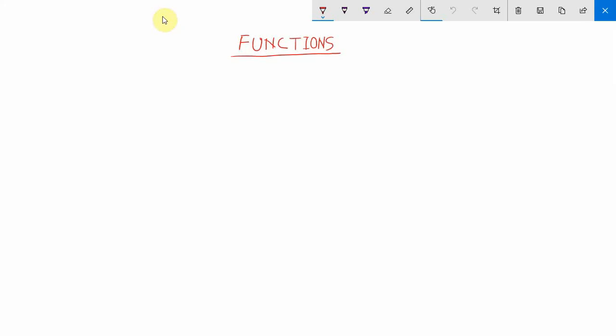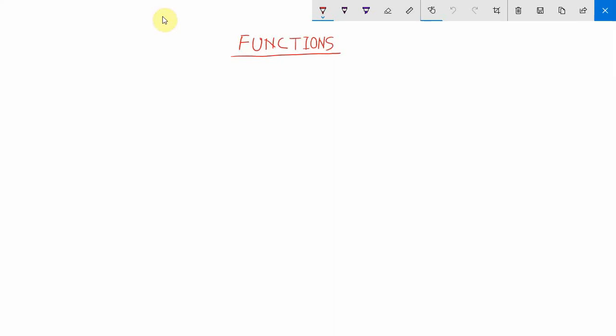In functions, we will discuss function as a special kind of relation. Then we will see function as correspondence, description of a function, and how to find the domain, codomain, and range of the functions.